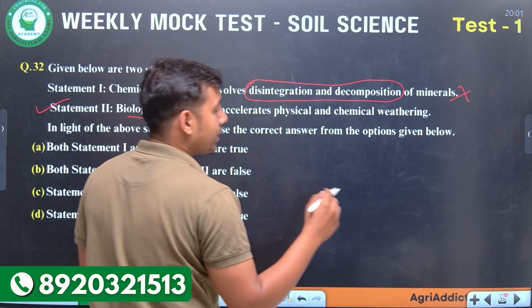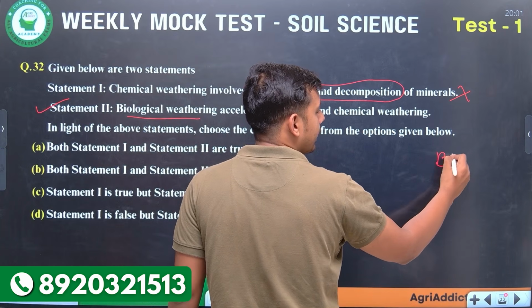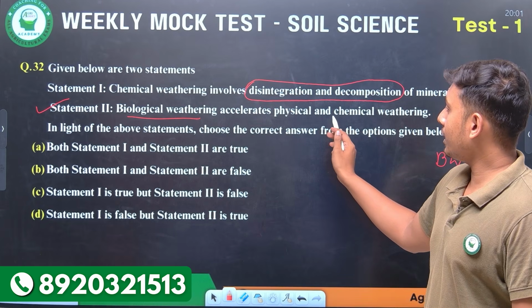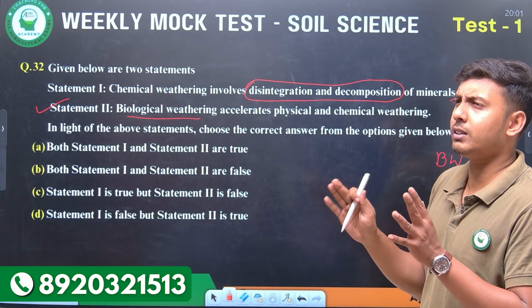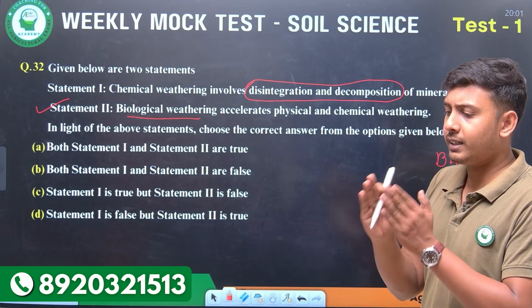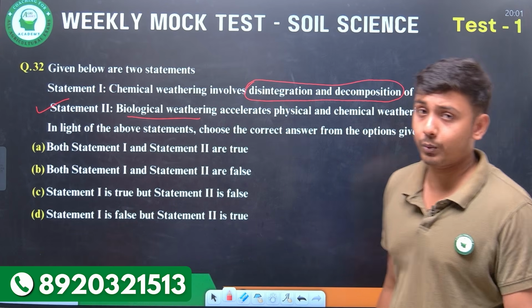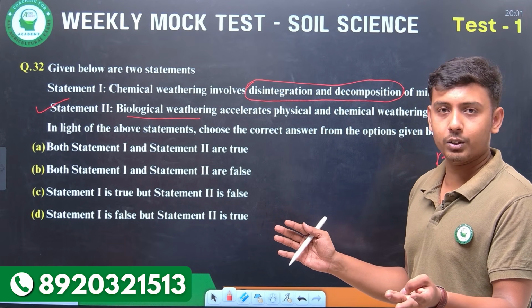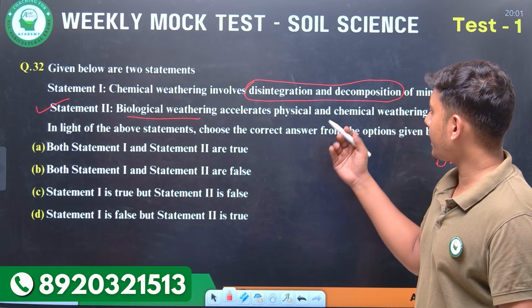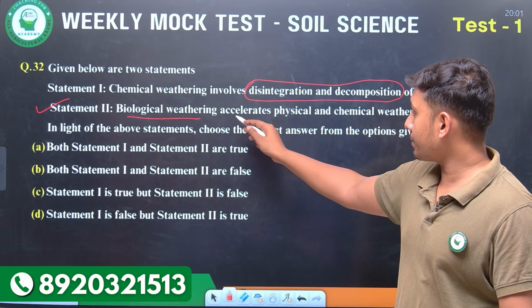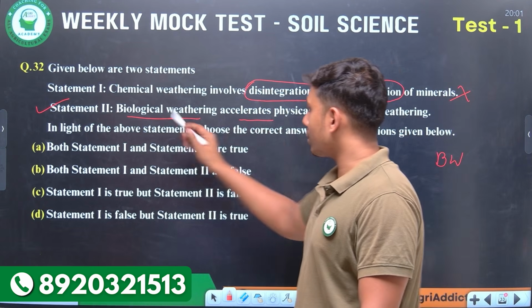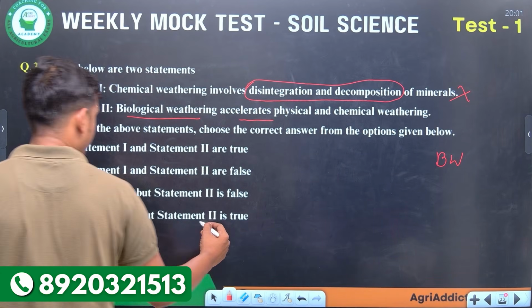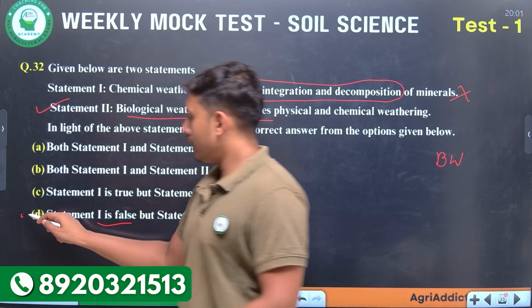The main feature of biological weathering is to help the other physical and chemical weathering. Actually there is no such fine line between biological weathering and physical and chemical weathering. It is actually a combination of both physical and chemical. So biological weathering can be used as an acceleration power for physical and chemical weathering. So statement 1 is false and statement 2 is true. So D option will be the right answer.